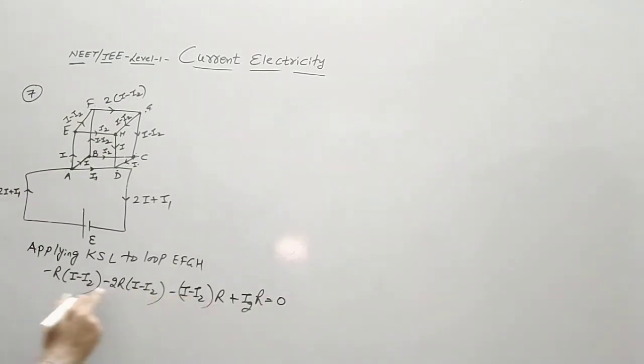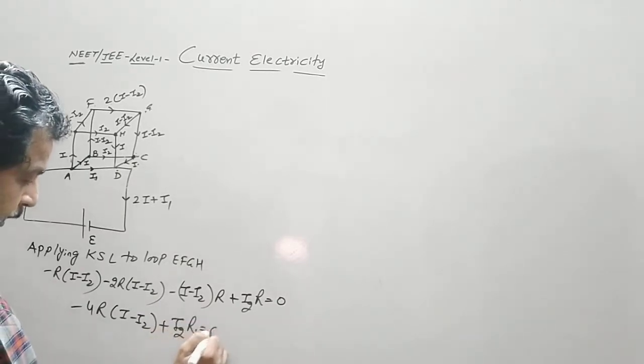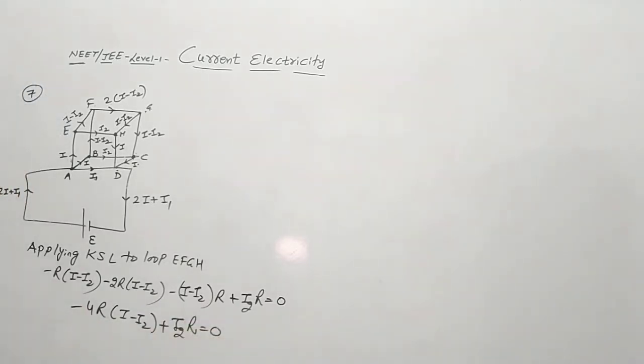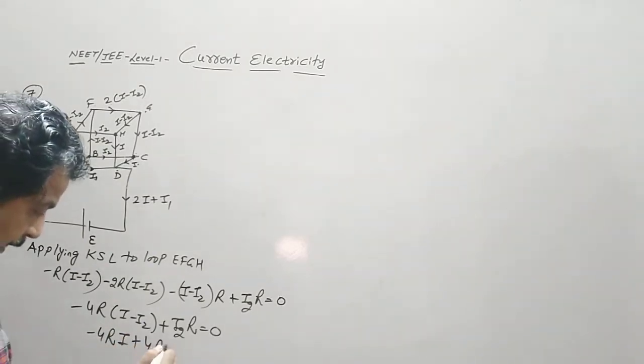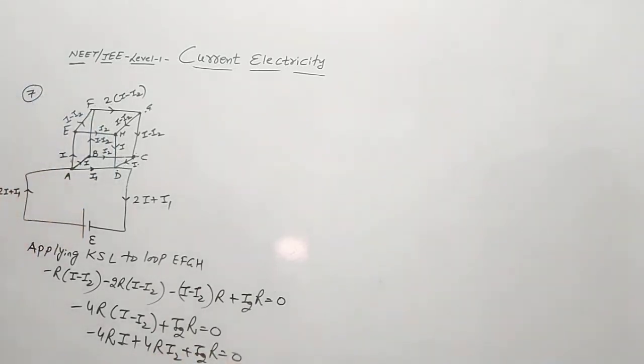These three are identical terms. So minus R, minus 2R, minus R, that is minus 4R times I minus I2, plus I2R is equal to 0. We open the bracket: minus 4IR plus 4RI2 plus I2R is equal to 0.